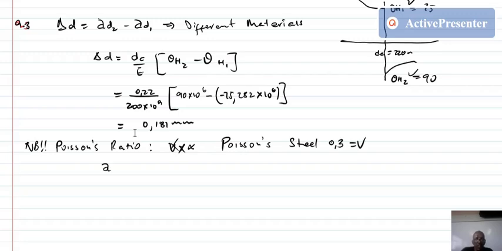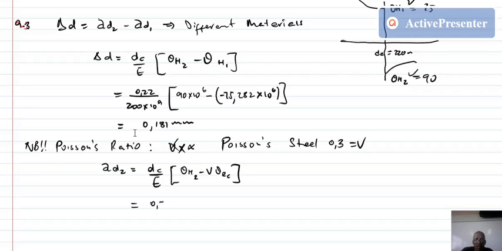So we could have said the change in diameter of the outer is D at the common diameter divided by E, multiplied by the hoop stress minus V times the radial stress at common. Hoop stress 2, right? That means we are still at the common diameter there.